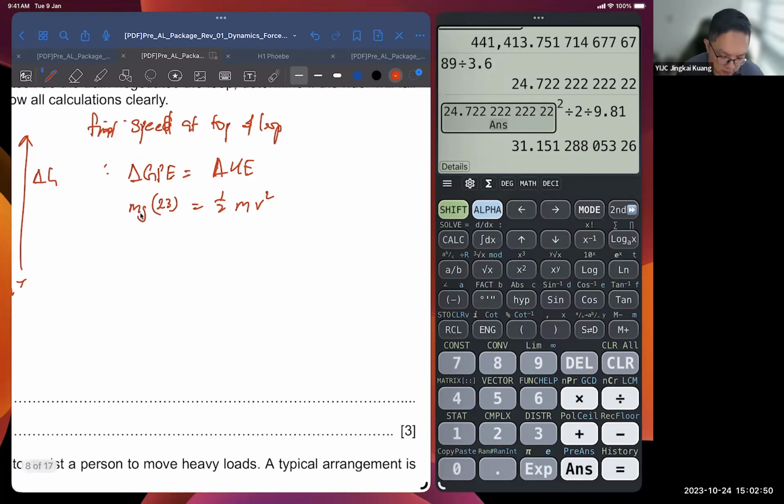So to find this v here, it is u square minus v square.